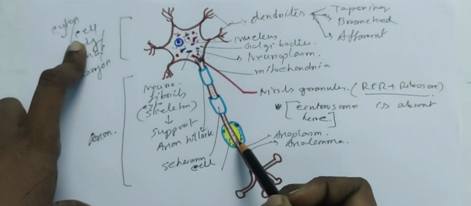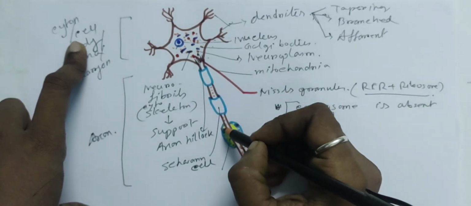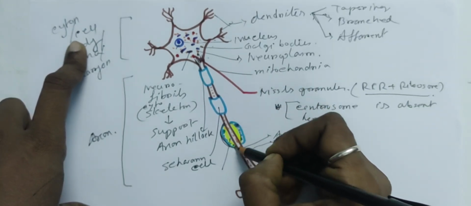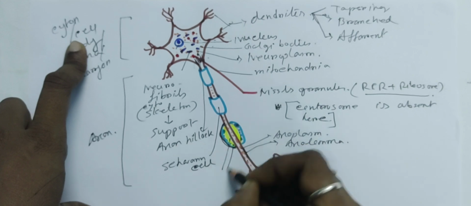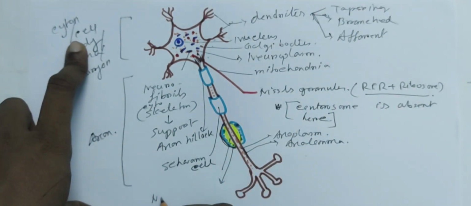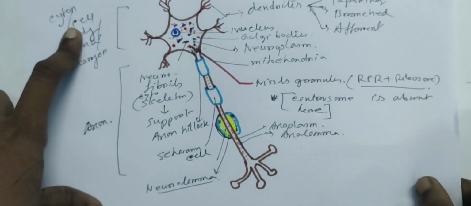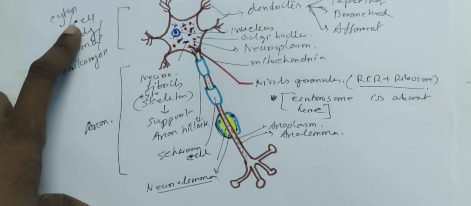The membrane above the Schwann cell is called the neurolemma. A question that most often comes is, what is the difference between neurolemma and axolemma?